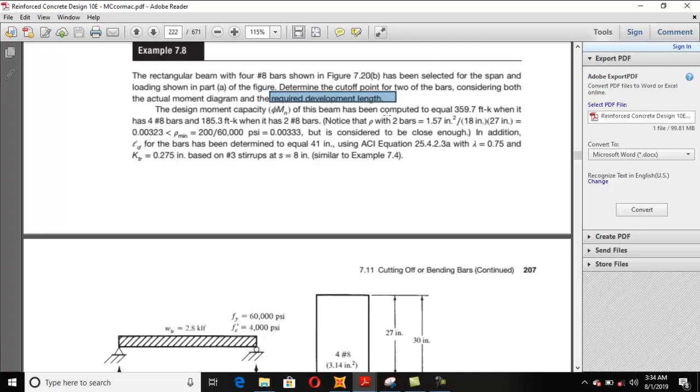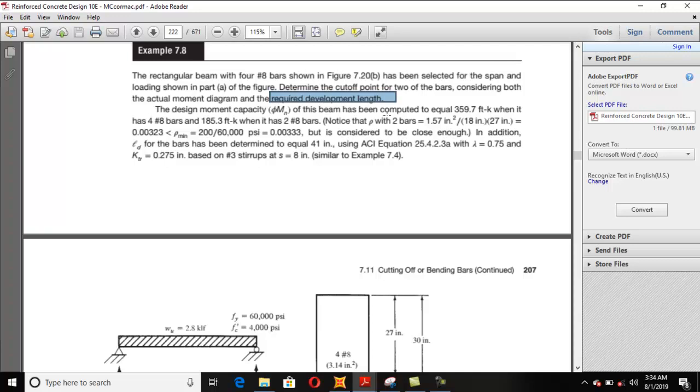The cutoff length should not be less than the development length, because in lecture 8 we did not relate ourselves with development length.